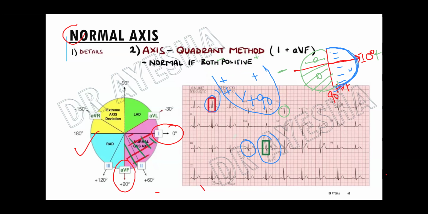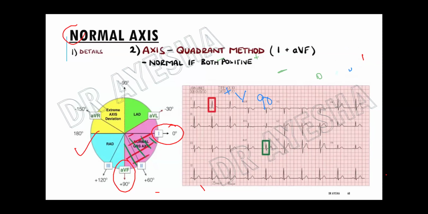So now I'm making another diagram to make things clear, using different colors so that we'll see the intersection. This is the whole circle, and we all know it is divided into 4 parts. We know lead 1 positive is over here, and lead 1 negative is over here.